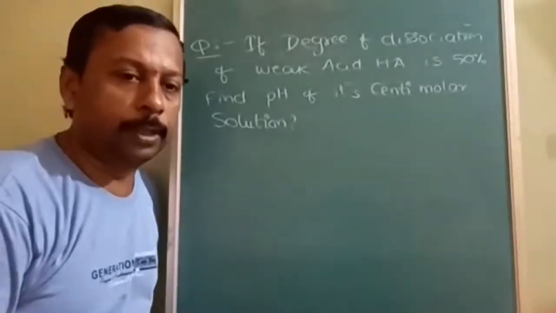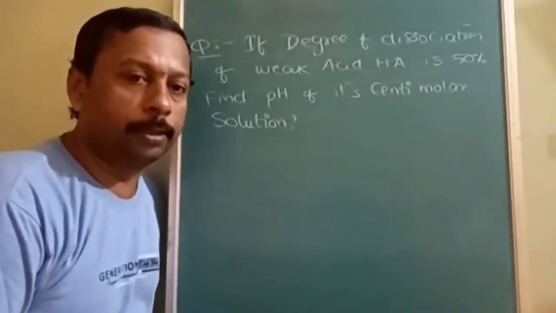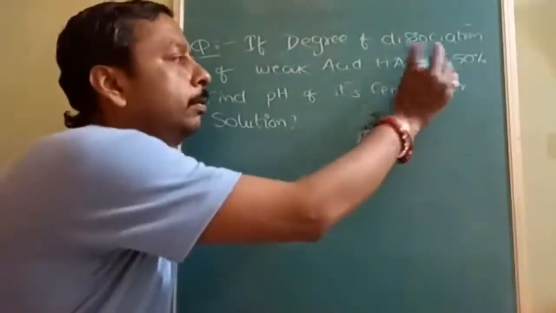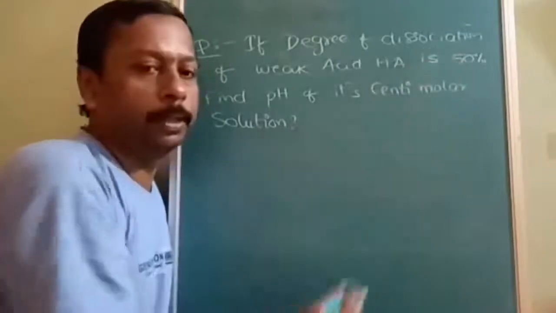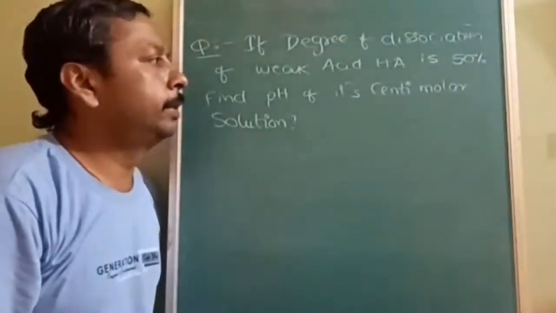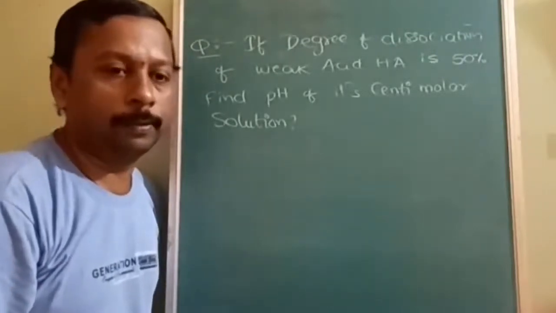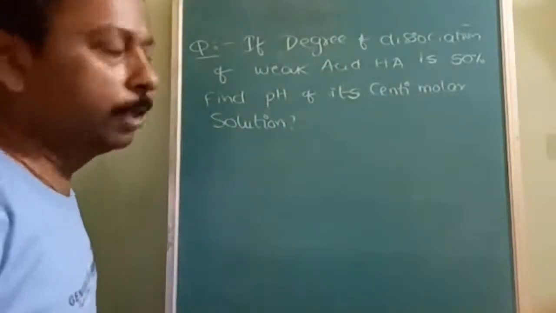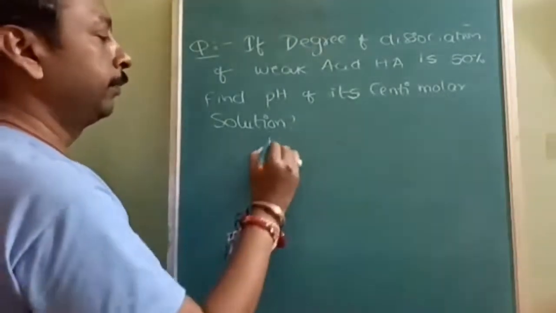Okay. Next question. If degree of dissociation of weak acid HA is 50%, find pH of its centimolar solution. Okay, here it is centimolar. Okay, molarity is given.